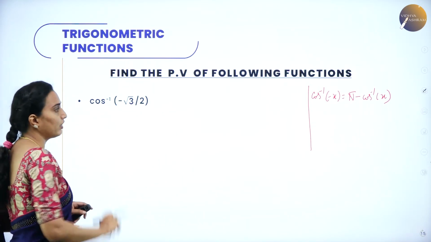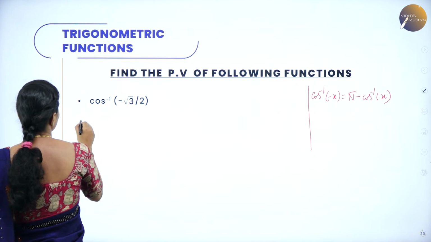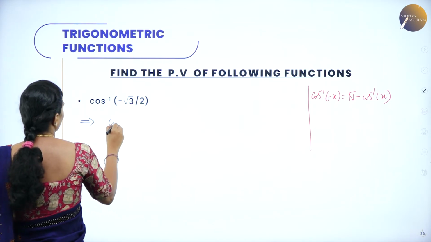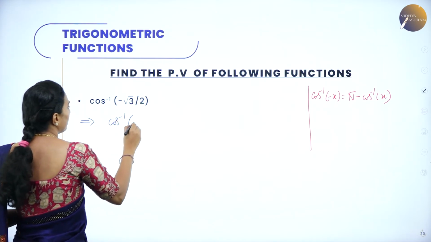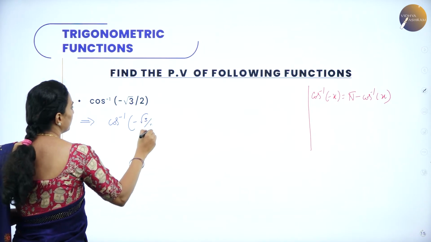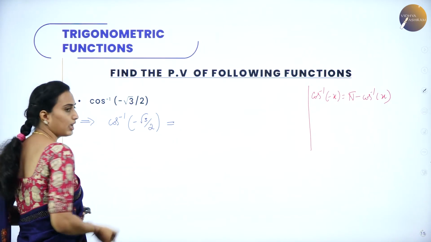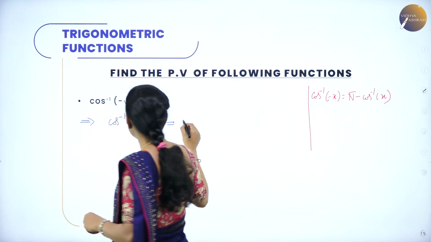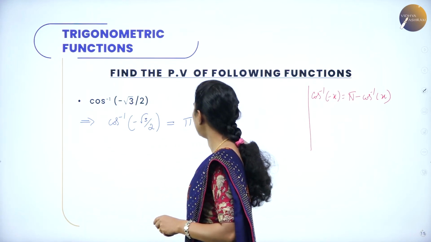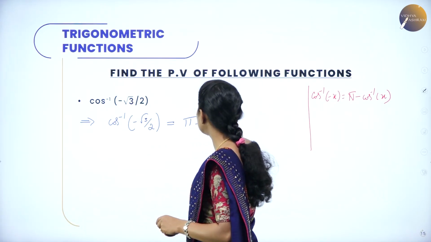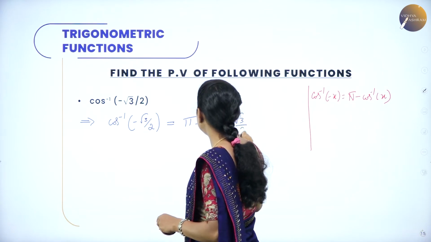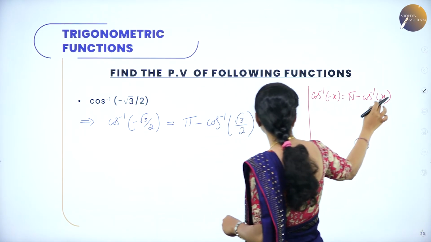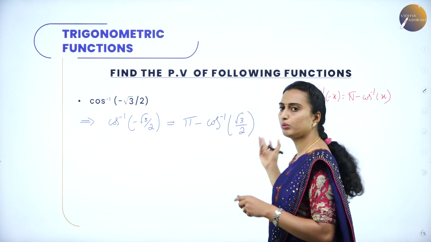Therefore, I am going to write accordingly, cos inverse of minus root 3 by 2 can be written as pi minus cos inverse of root 3 by 2. Same, right? Pi minus, instead of x, root 3 by 2. That's it.